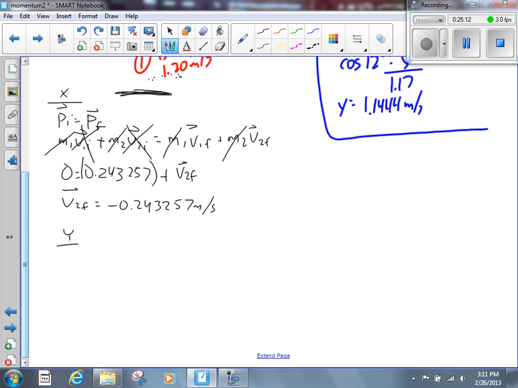For the y component, again, we say pi is equal to pf. Masses cancel again. These curling rocks better be the same mass. It's hardly a fair game if they're not.